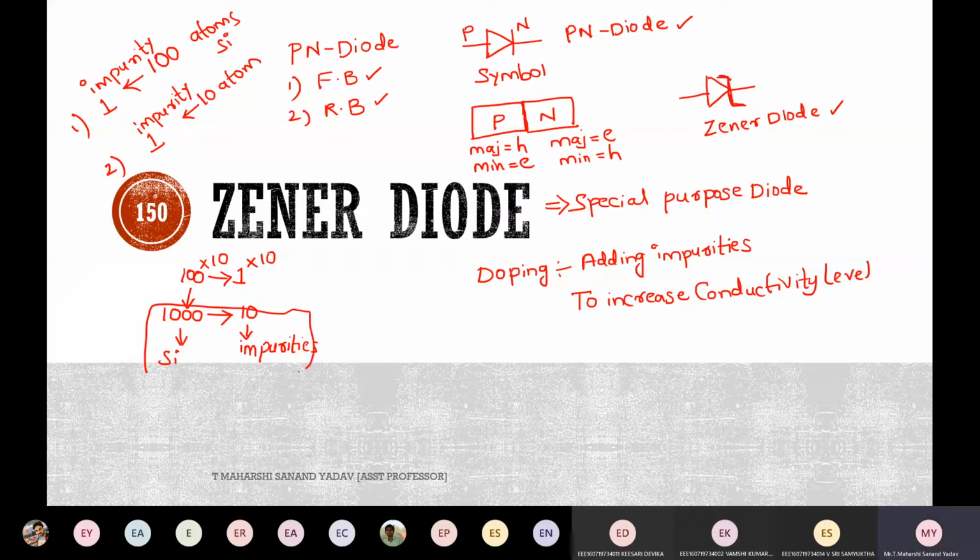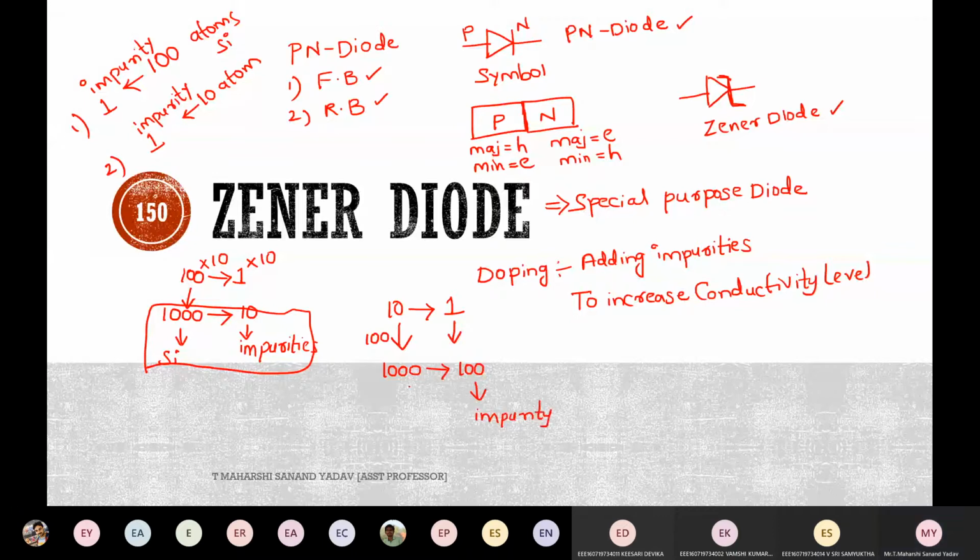This is the first case. Now the second one is, suppose for every 10 atoms, I am adding one impurity. Now if I want to make this 1000, what should I do? Multiply it by 100. Similarly, you multiply this 1 by 100, it will give 100. So here 100 is nothing but impurity, and this 1000 is the number of atoms.